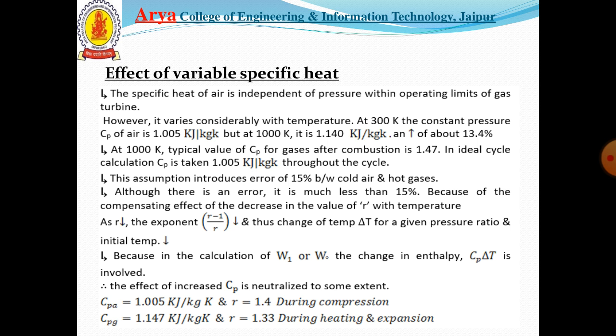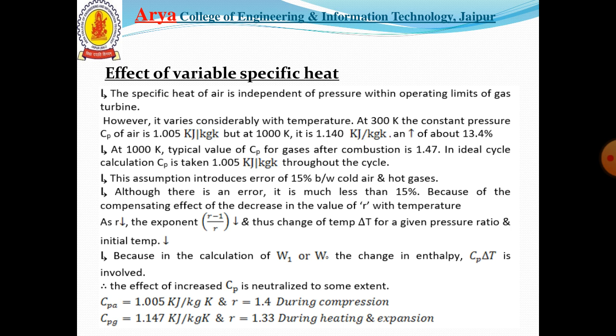In an ideal cycle calculation, Cp is taken as 1.005 kJ per kg Kelvin throughout the cycle. This assumption introduces an error of about 15% between the cold air and hot gases. Although there is an error, it is much less than 15% because of the compensating effect of the decrease in the value of R with temperature.